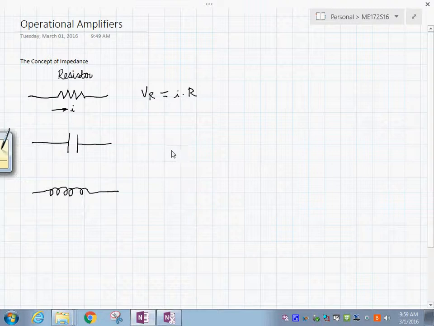And you can say that if you put this form in here, you could say that resistance is V over I, right? This is called the voltage.